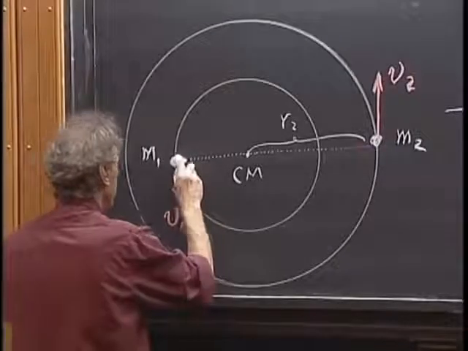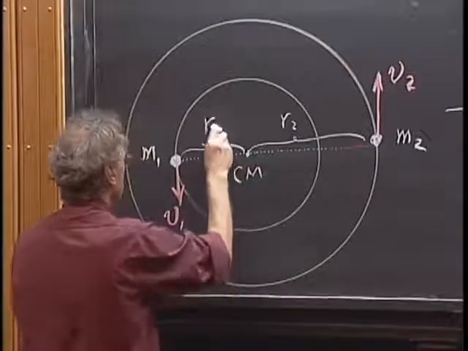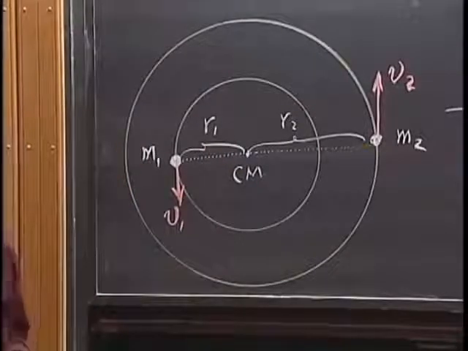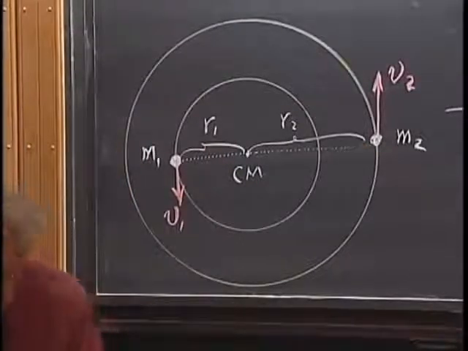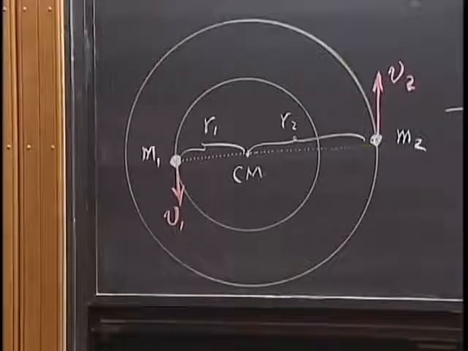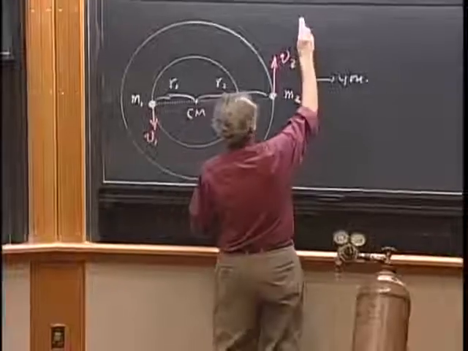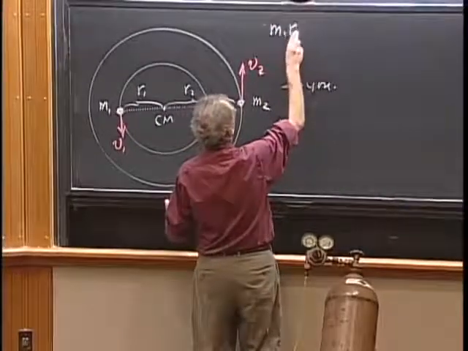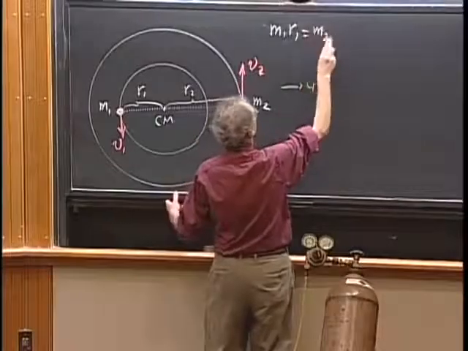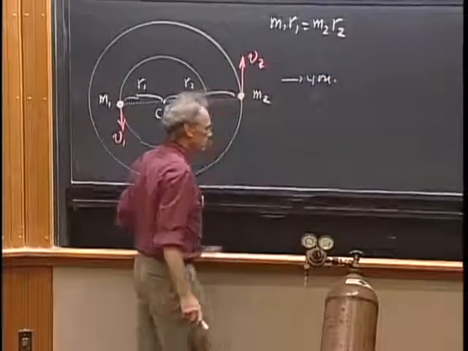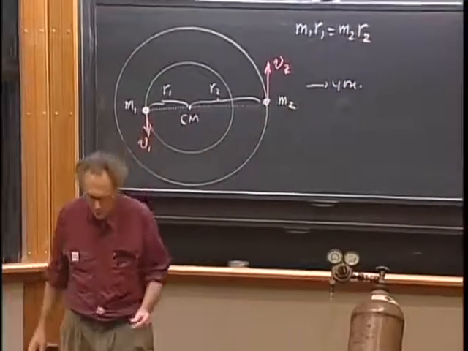And let its distance to the center of mass be r1. Circular orbits, the center of mass, means that m1 r1 is m2 r2. If you don't remember, go back to your 801 notes.